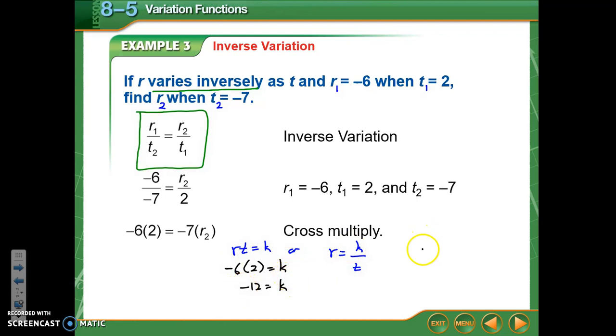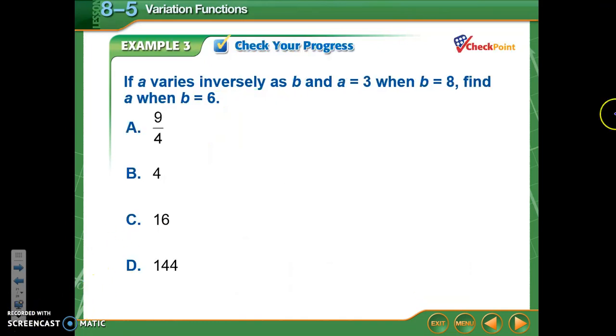And then I can say, all right, well, that means that r times t has to equal -12. So I want to find r when t is -7. I divide both sides by -7, and again I get 12/7 just like we did with the other method. So keeping all of that in mind, please try this one.